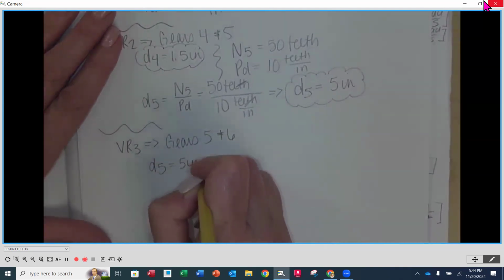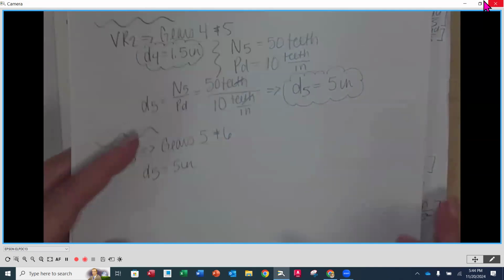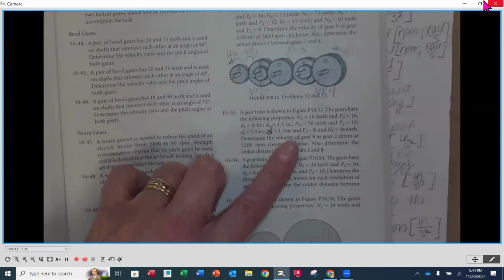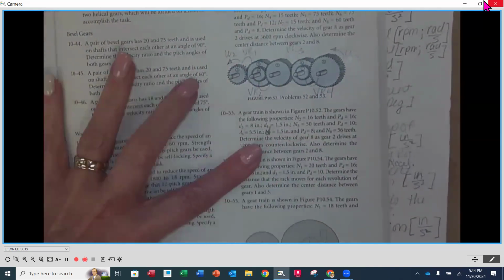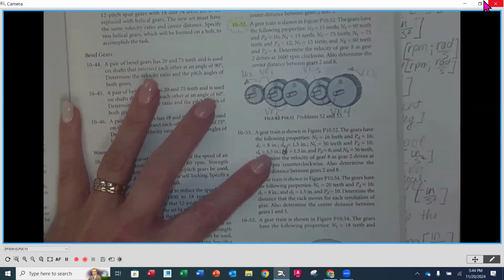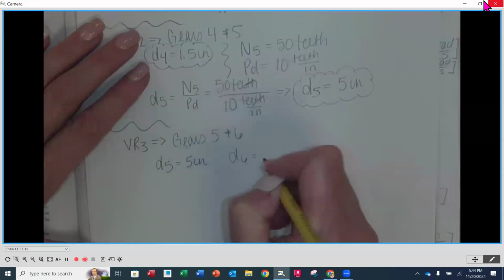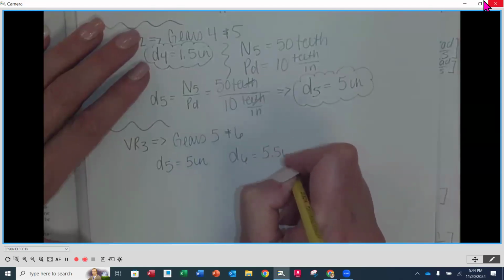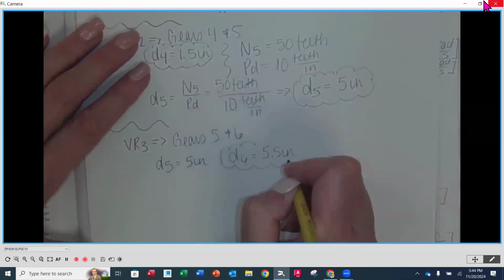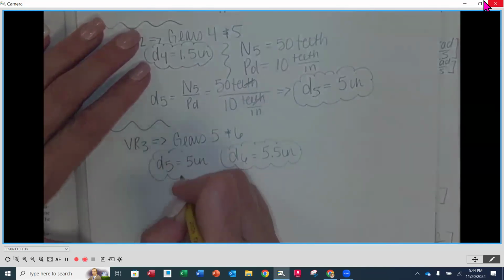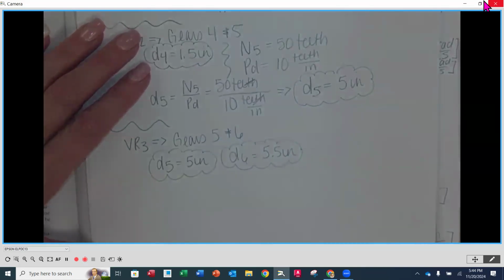We know that to be 5 inches. And in our problem, what do they give us for 6? The pitch diameter of 6 is 5.5 inches. So D6 is equal to 5.5 inches. So we have those already done. We don't need to do any recalculations. Okay.